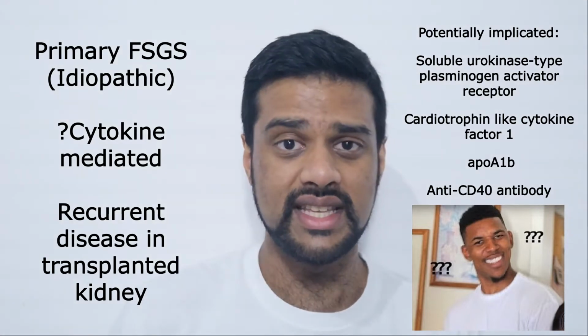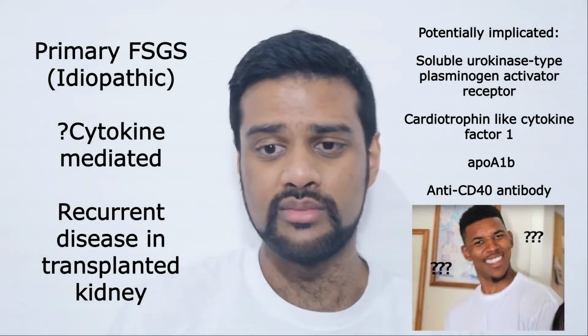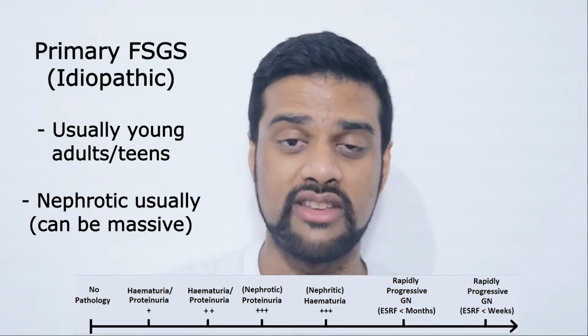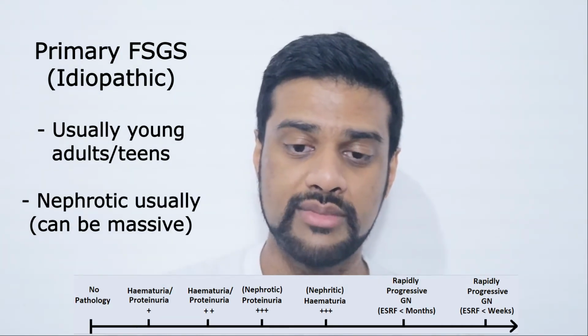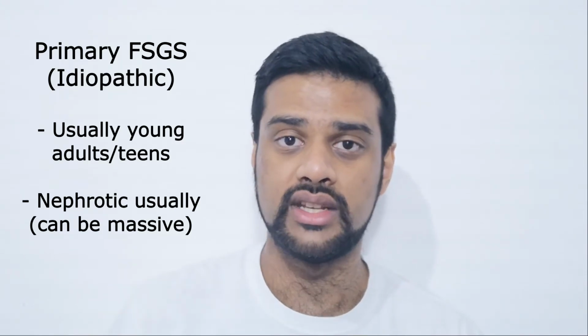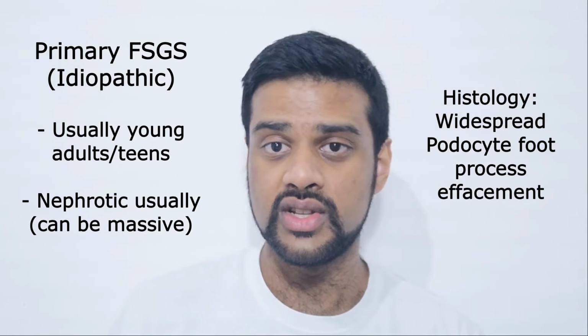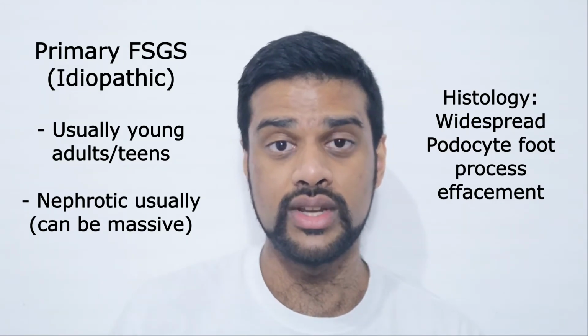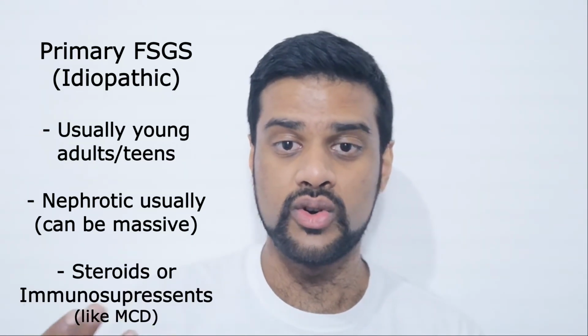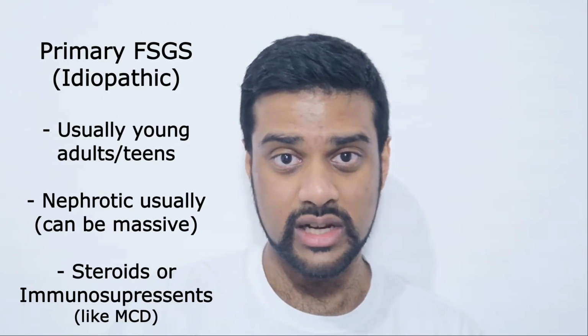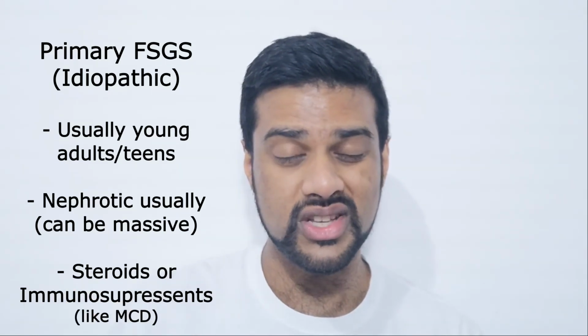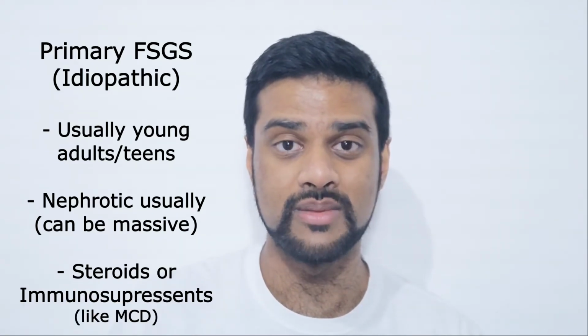So the primary disease, it's a common form of FSGS in young adults and adolescents, and it's usually nephrotic range proteinuria, and sometimes it can be a massive proteinuria. The biopsy shows widespread foot process effacement, and these patients will often respond to steroids and or immunosuppressants like cyclophosphamide and cyclosporin, just like in minimal change disease.